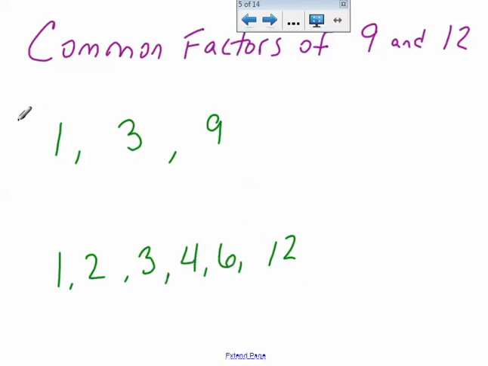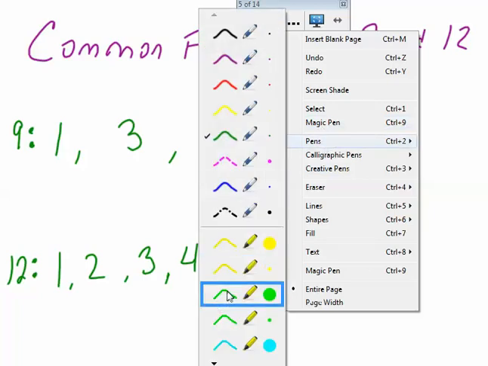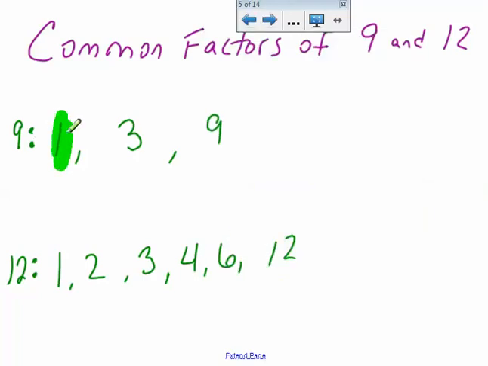So here are all the factors for 9, and here are all the factors for 12. If I'm looking at what they have in common, I can say they have a 1 in common, and they have a 3 in common. That's what they share. Those are the common factors.